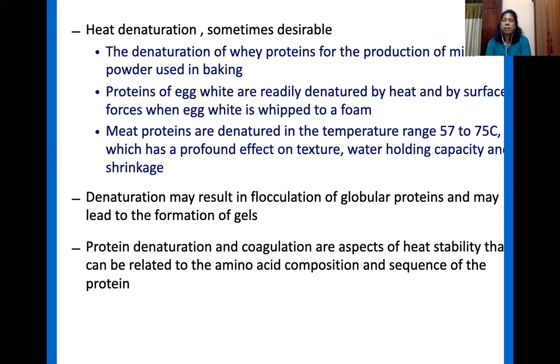Another example for the third point. Let me know. If the points come into your mind, then definitely you can give some answers. Protein denaturation and coagulation are aspects of heat stability that can be related to the amino acid composition and sequence of the protein.